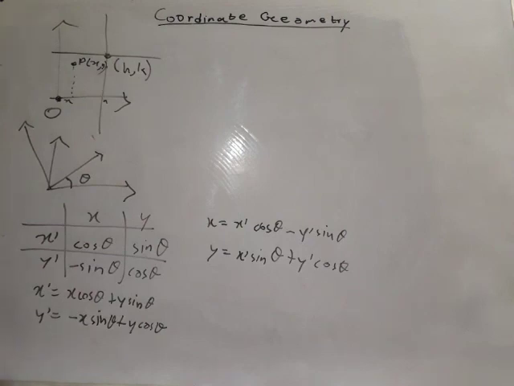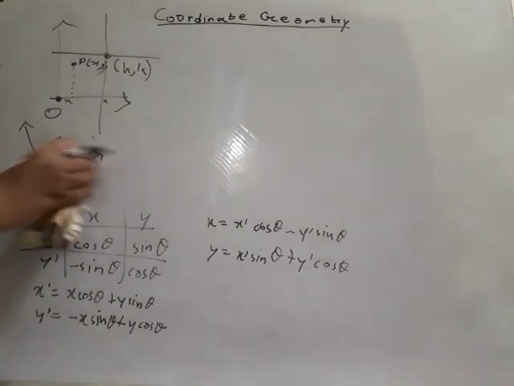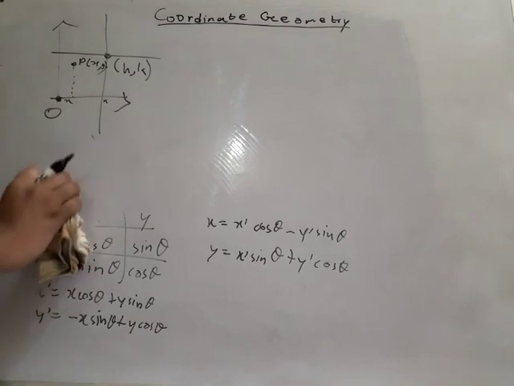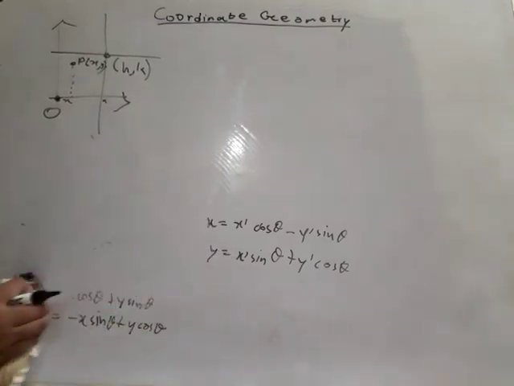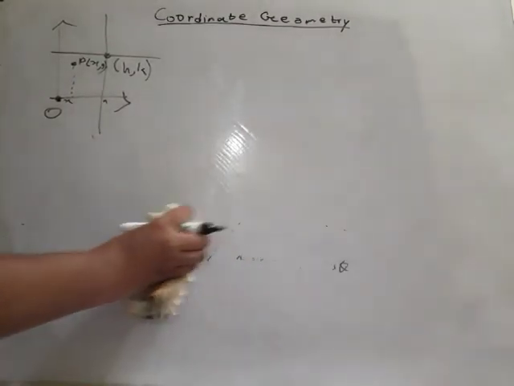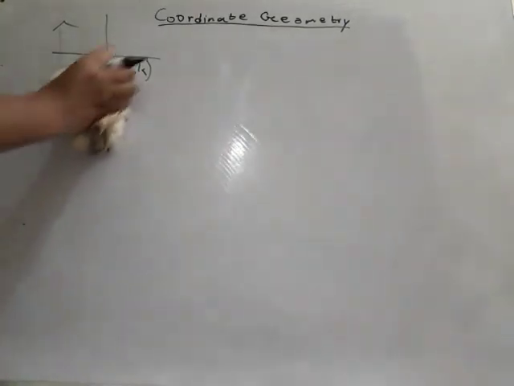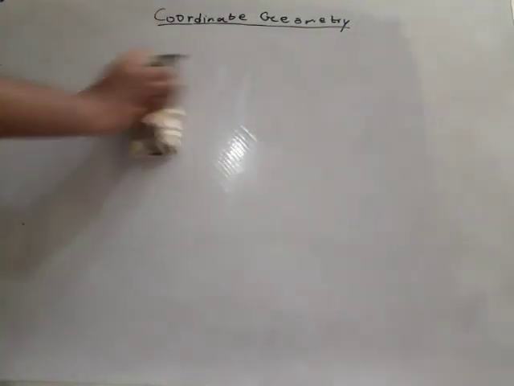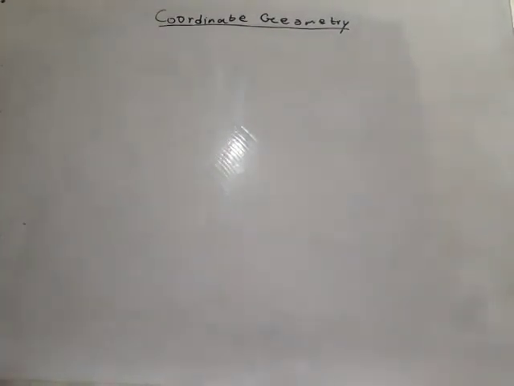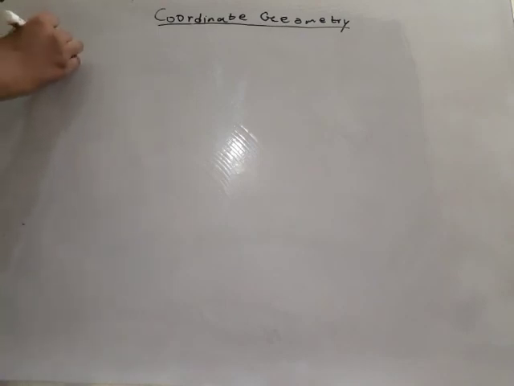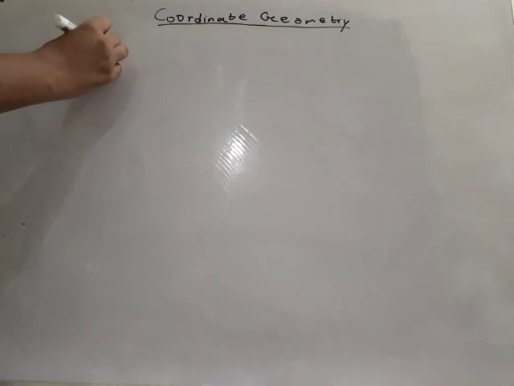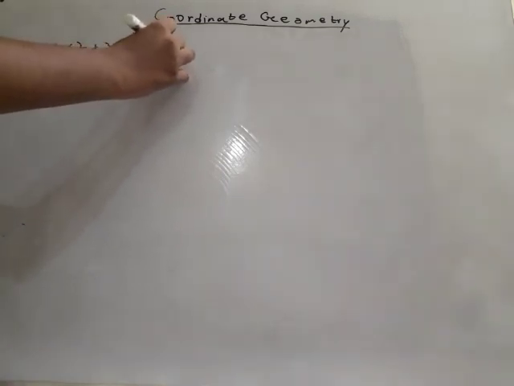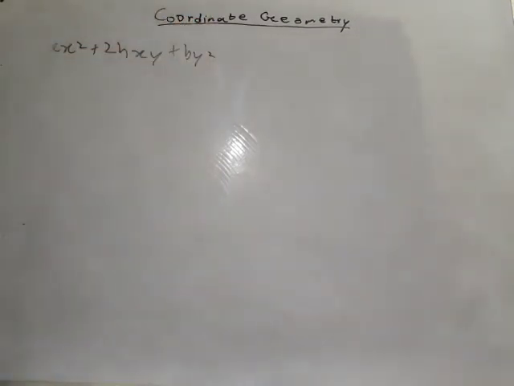Now a typical question arises in certain cases. If we have been given an equation like this, ax square plus 2hxy plus by square, and we have to remove the term xy without changing the origin, how will we do that?